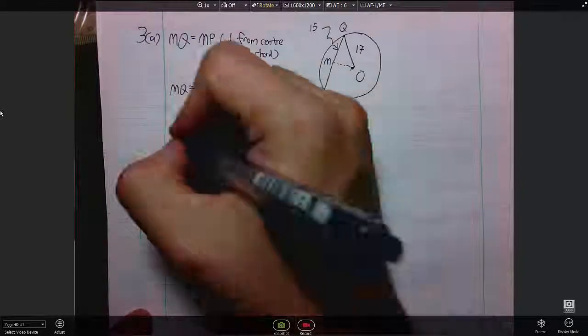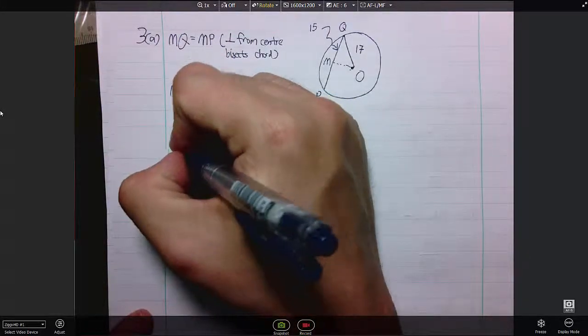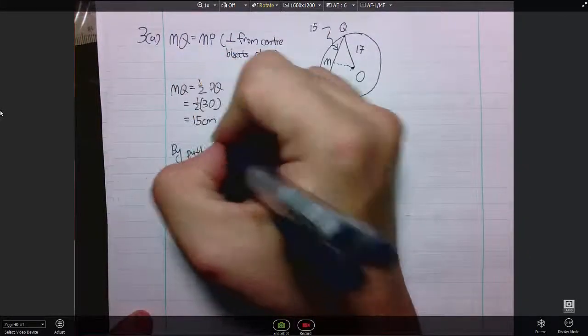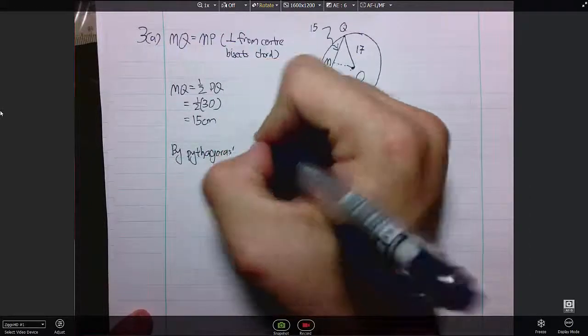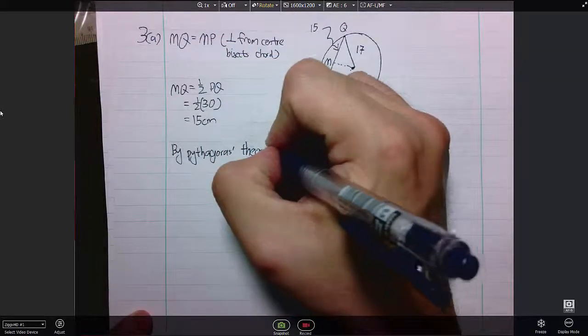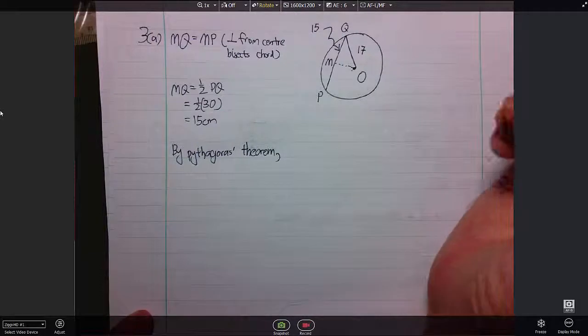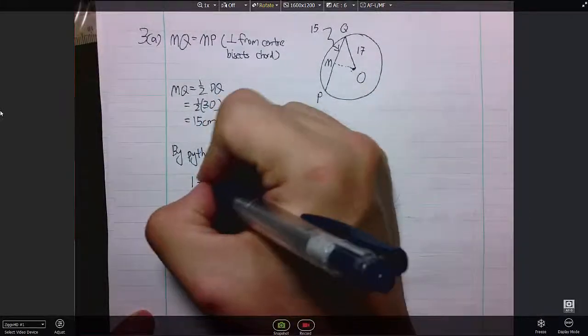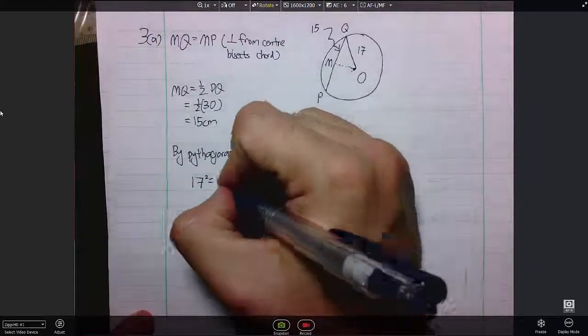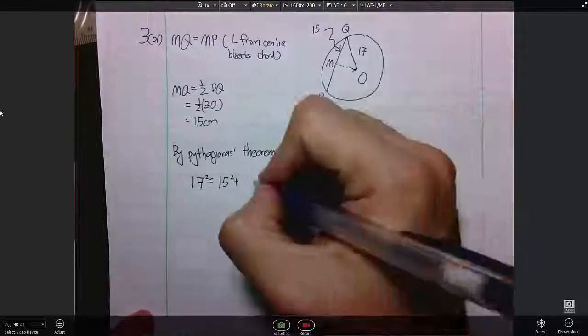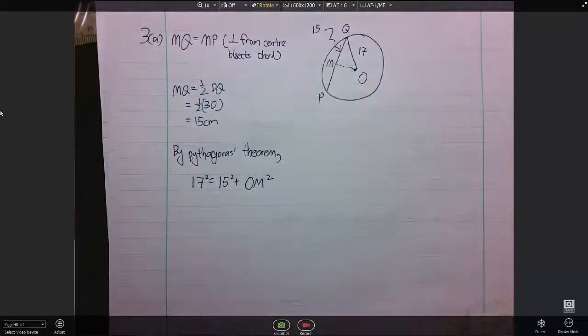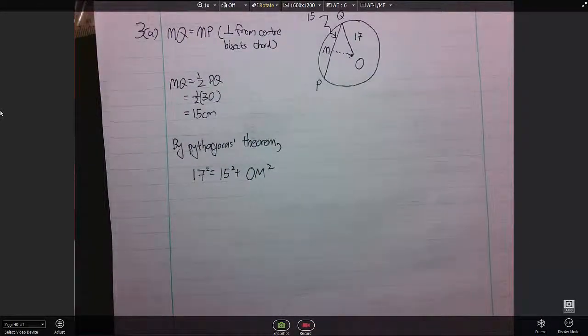Now again, same thing, by Pythagoras theorem, 17 squared is equal to 15 squared plus OM squared. C squared equals A squared plus B squared.